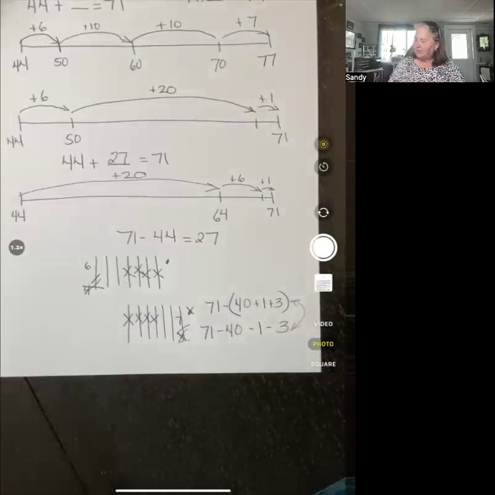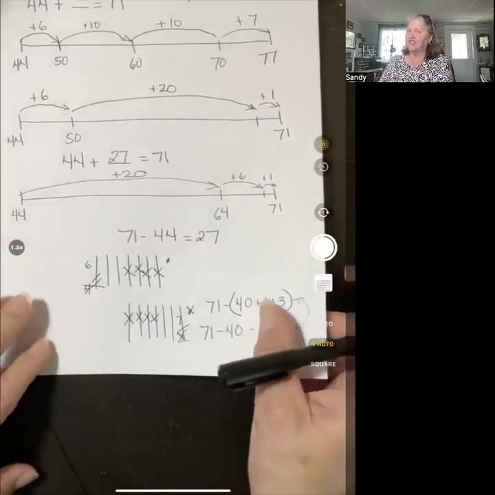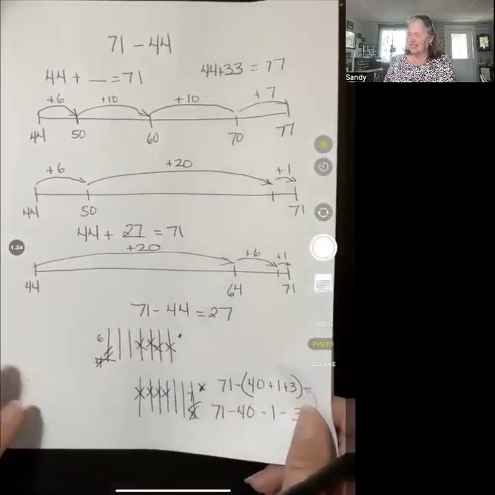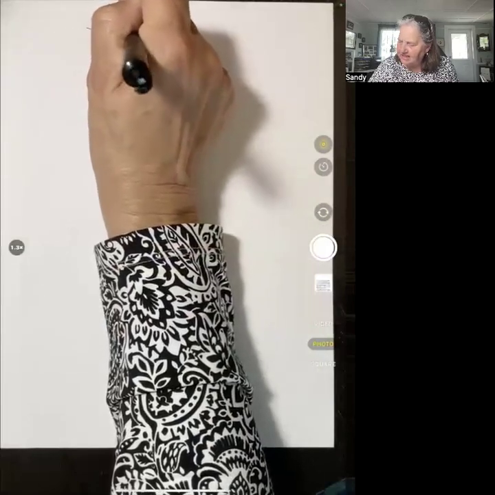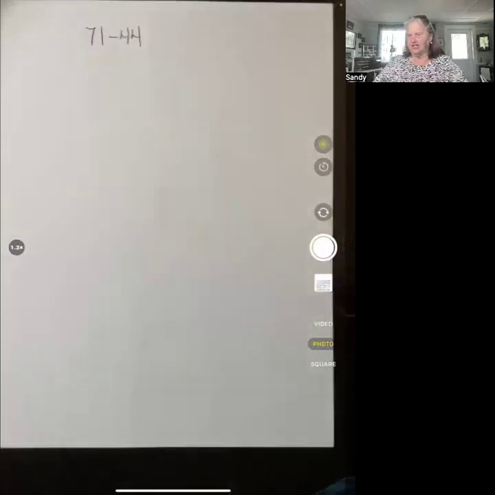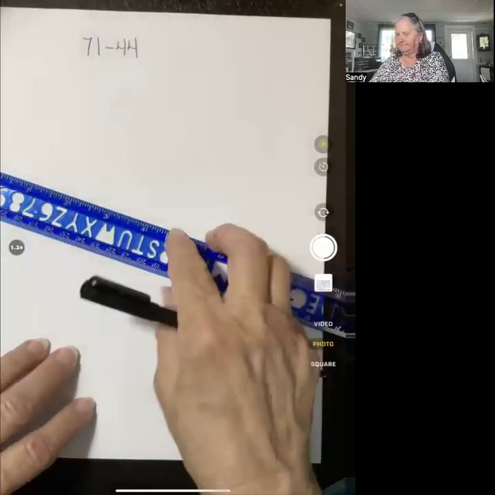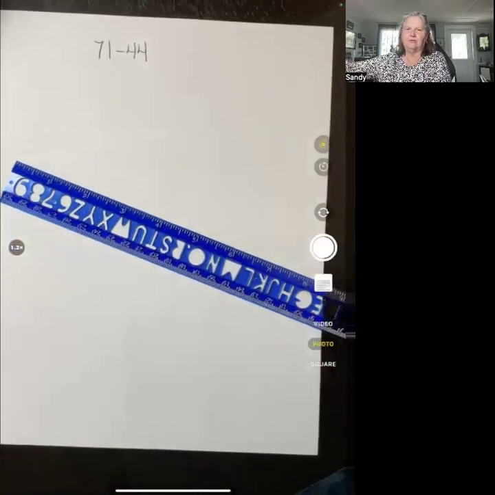Okay. Now, I want to show you one other way to think about this. It's a strategy I haven't shared in other videos, I don't think, but it's a way to think about equivalent difference. We're just going to use a ruler. Let's see if I can back off a little for you.